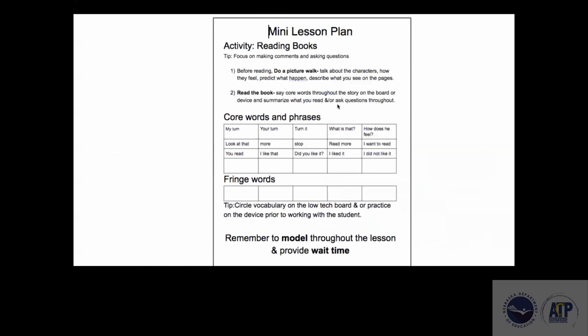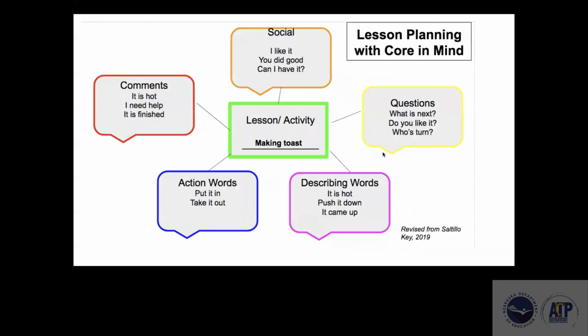So here's an example of filling out the mini lesson plan. If you are reading books, if you're doing a shared reading activity, here are some core words and phrases that you can use. And then staff can fill out any additional core words and phrases and fringe words. Here's an example of this one filled out. So for example, at a middle school, high school transition program, the students are making toast.